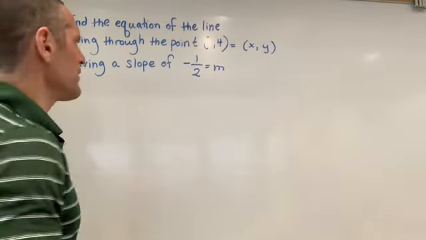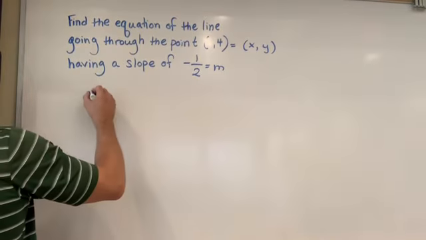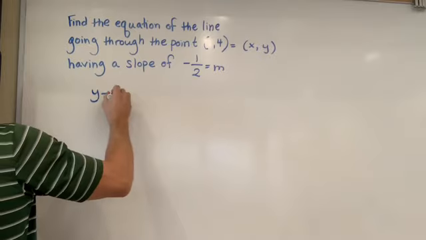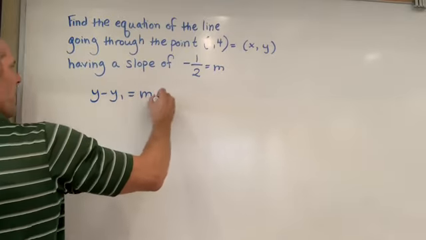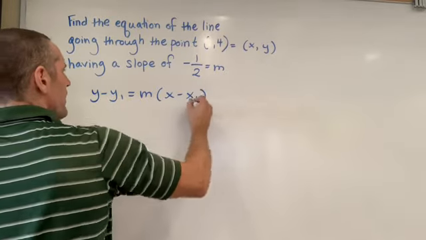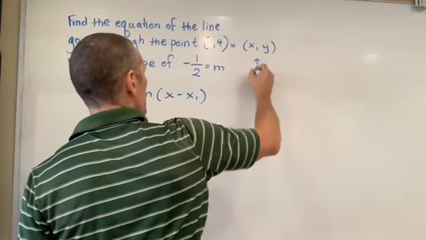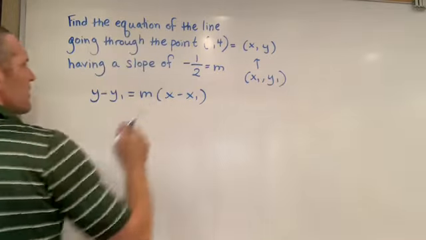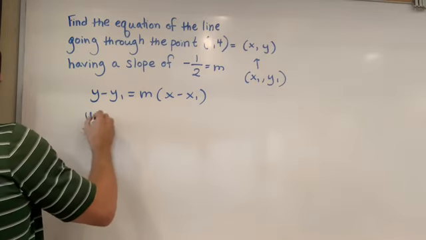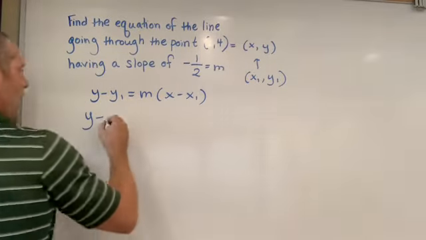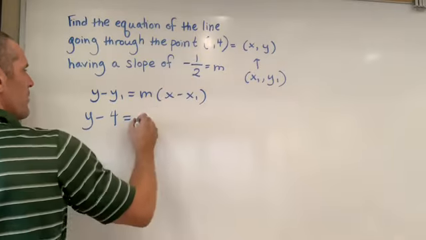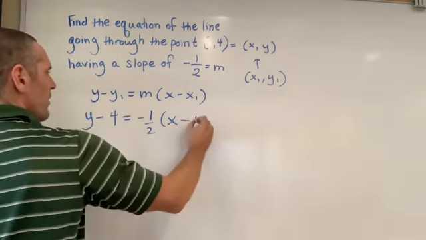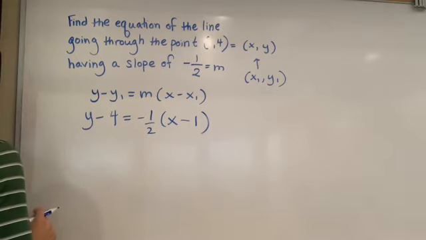A second way to do this problem would be to use point-slope form. So point-slope form is y minus y1 equals m times x minus x1. And in this case, we label the point given as x1, y1, and this is our slope. So I can say y minus y1 equals our slope, negative 1/2, times x minus the given x1 is 1.